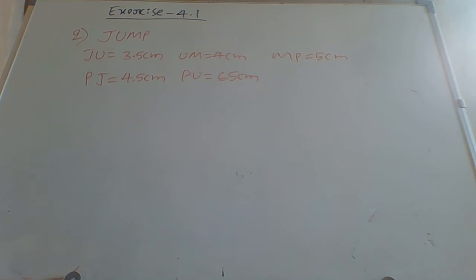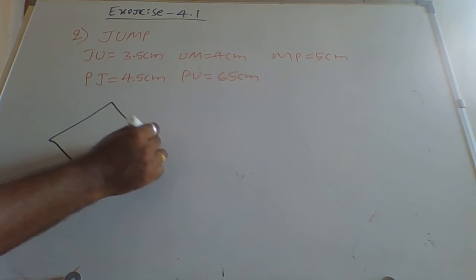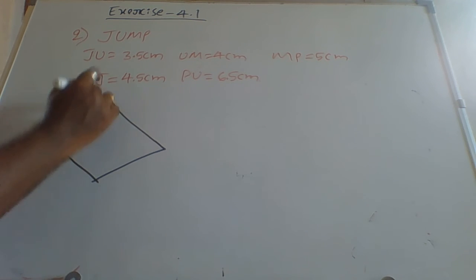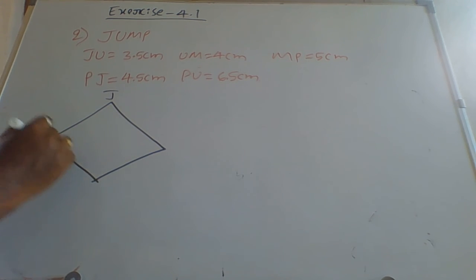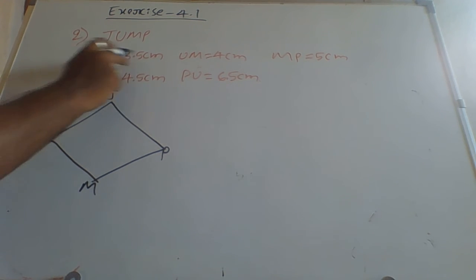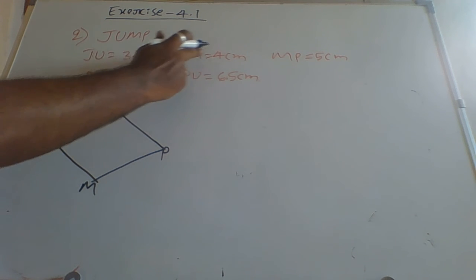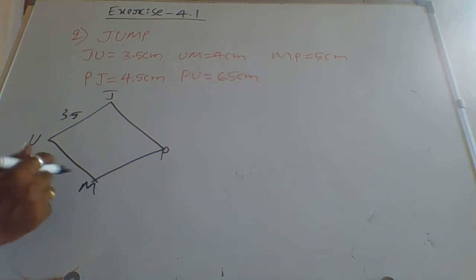So now I will draw a rough diagram here. This is the quadrilateral JUMP. They are given JU 3.5 and UM 4 centimeters.